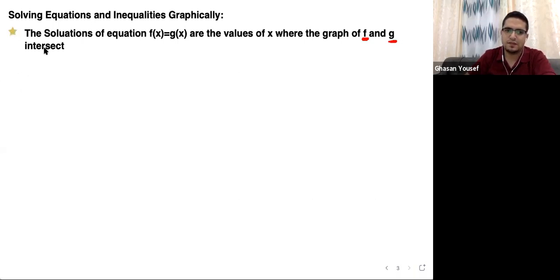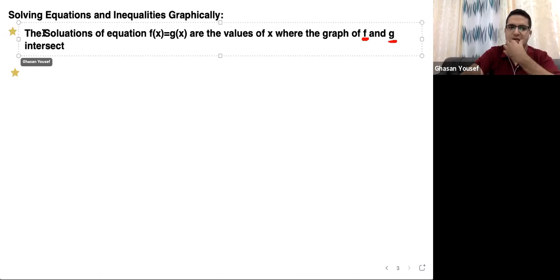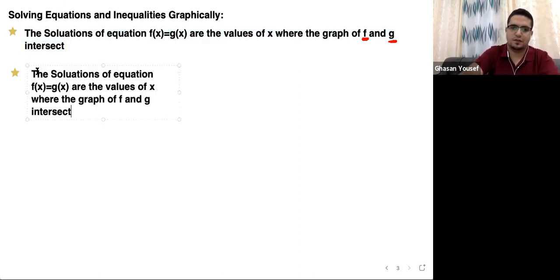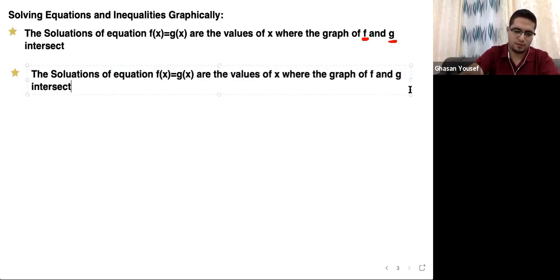The second thing: this is for equations. Now for inequalities, same thing. The solutions of the inequality f of x is less than g of x.